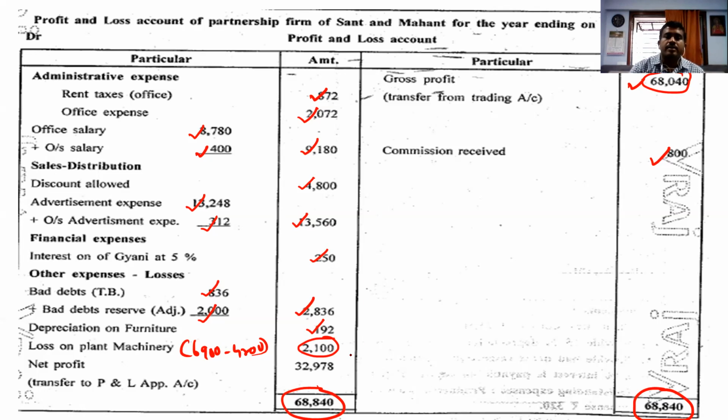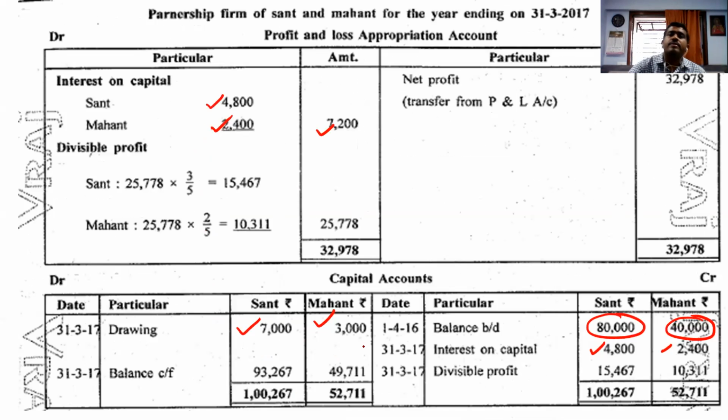You are getting 32,978. And then we have to transfer it, 32,978. Make the total.